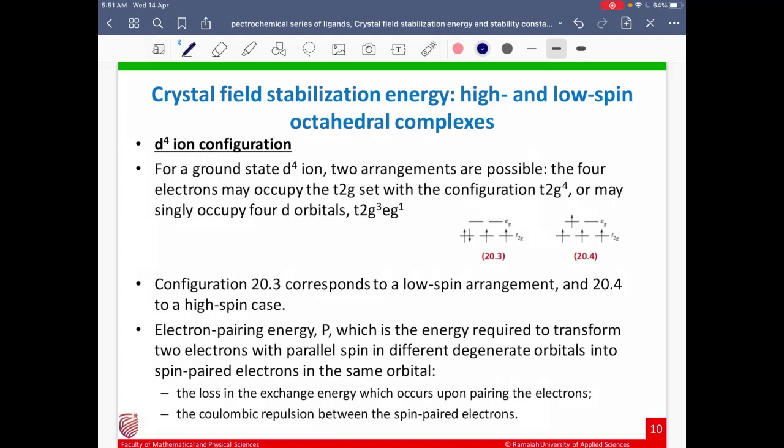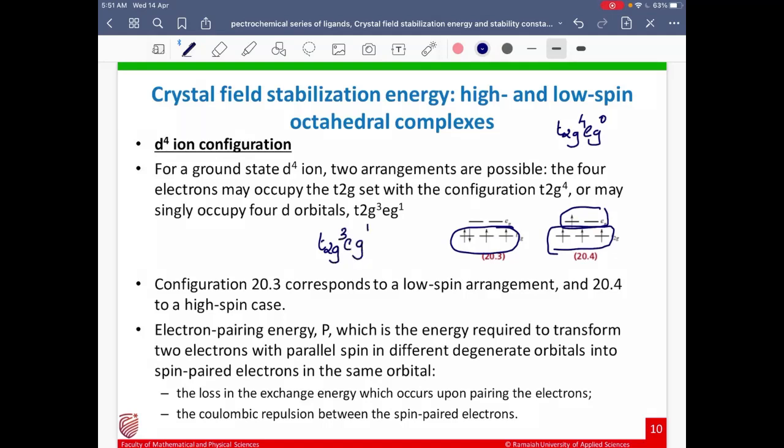If it is d4 configuration, then we can see a little bit of difference. For a ground state d4 ion, 2 arrangements are possible. All 4 electrons may occupy the t2g set of orbitals, with an electronic configuration of t2g4 eg0, or the electrons may be in singly occupied orbitals, so the electronic configuration will be t2g3 eg1.